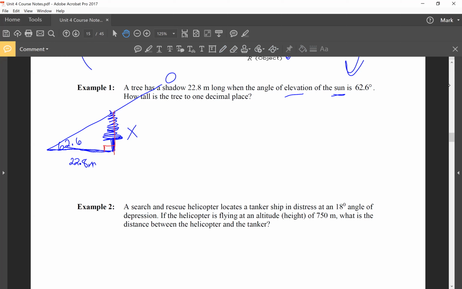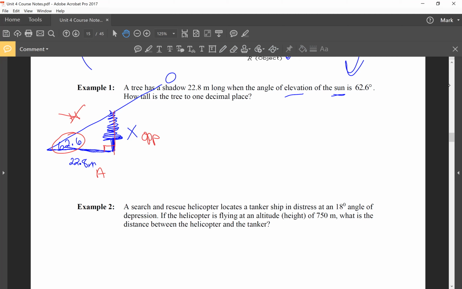Now let's start thinking about this. Here's my angle. I know the adjacent. I'm looking for the opposite. So O and A. I don't care about the hypotenuse. It has nothing to do with this question.